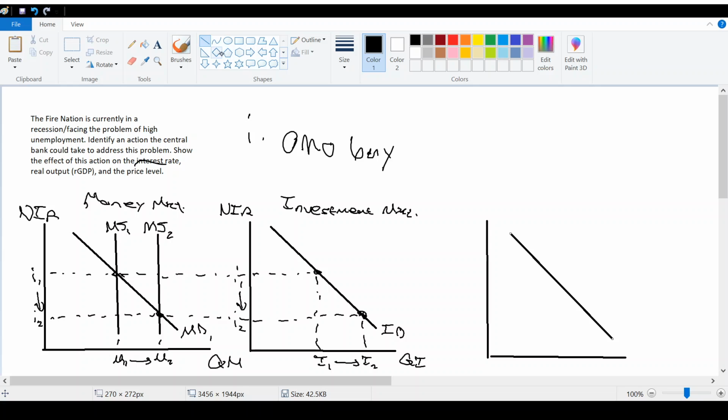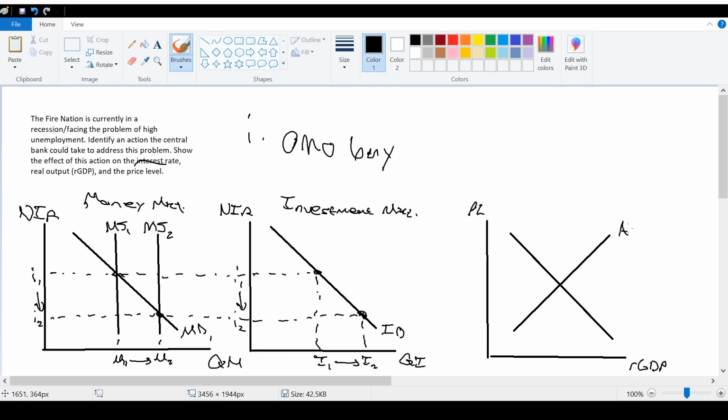So we're going to go back to drawing your big X. Our vertical axis is price level. Horizontal axis is real GDP, which is the same as real output, which the question asks for.